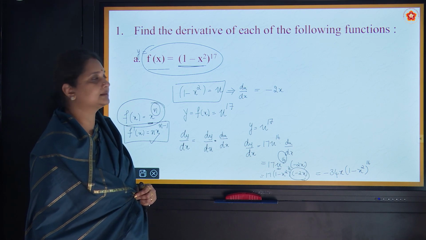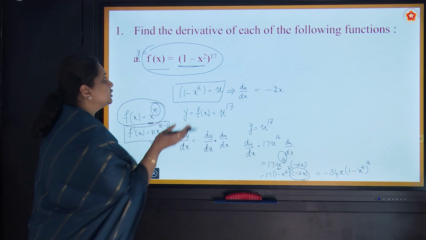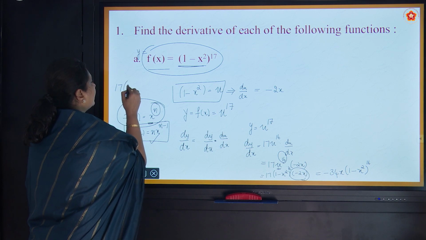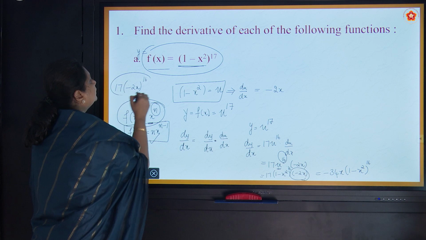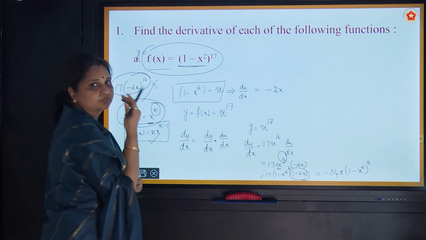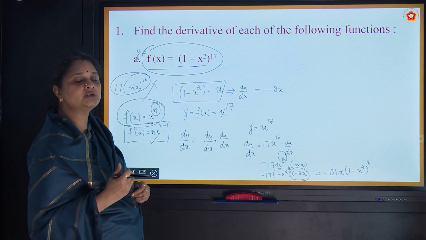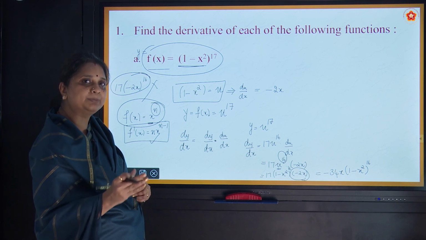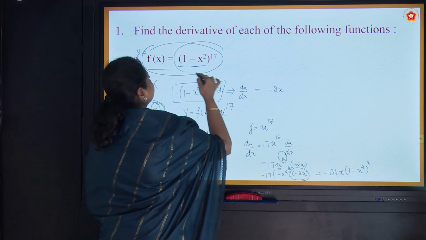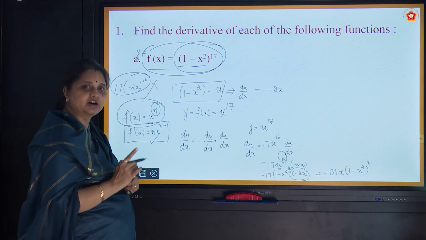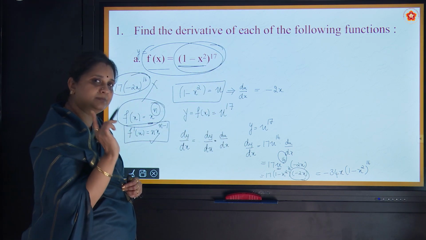So, in case you do it the other way around, just bring down the power and differentiate the base all put together, it goes wrong. So, according to the chain rule, we'll have to apply one rule at a time. The outermost function is the power function. So, we apply that rule first.